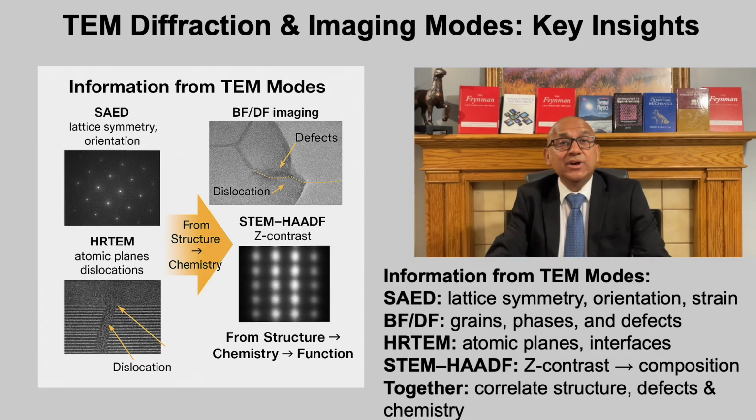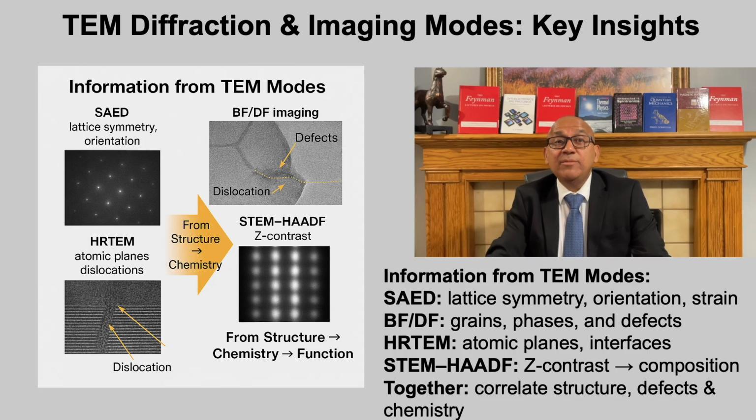High-resolution TEM zooms in further, resolving atomic planes and defects directly. It allows us to measure interplanar spacings, visualize interfaces or stacking faults, and even perform Fourier analysis to quantify strain at the atomic scale. In scanning TEM, STEM, the high-angle annular dark field, HAADF, detector captures Z-contrast images where heavier elements appear brighter.